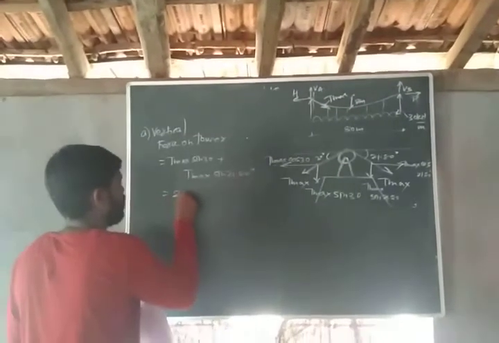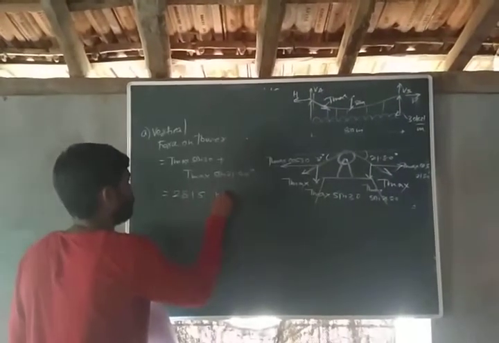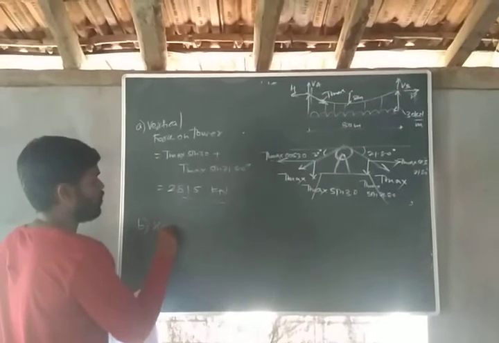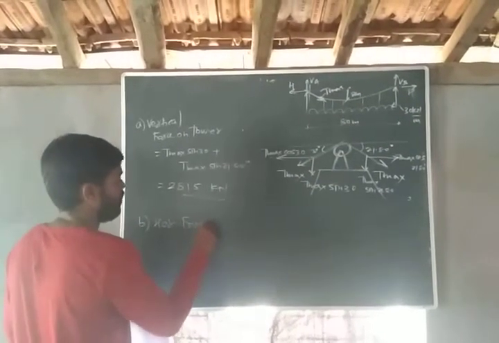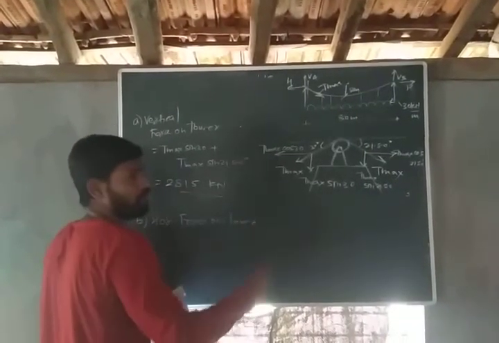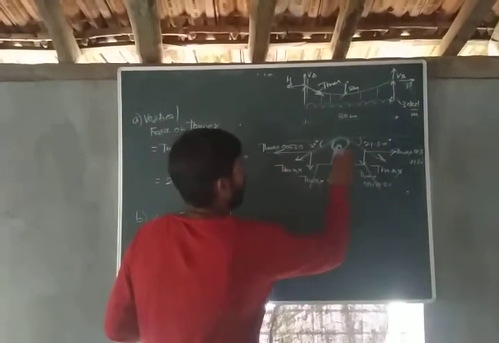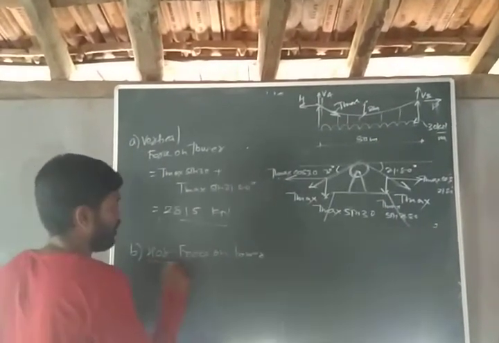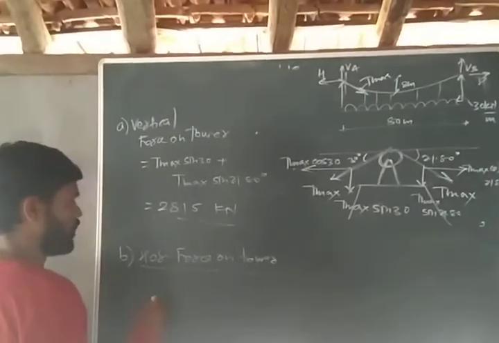2815 kilonewton. Then horizontal force on tower is the summation of horizontal component of the T max on both sides.